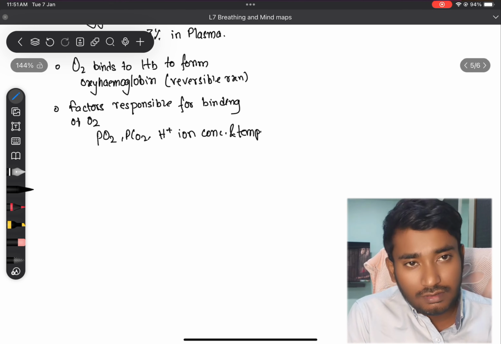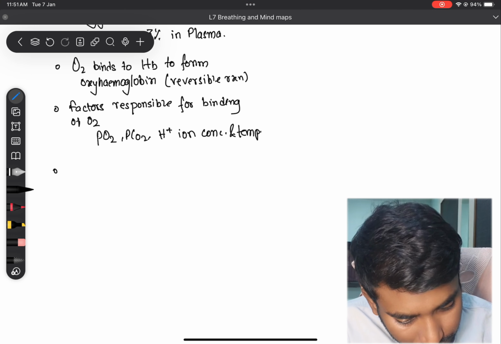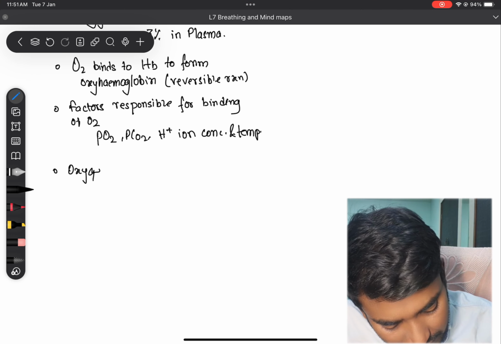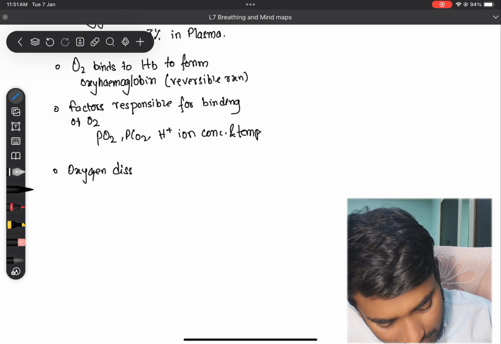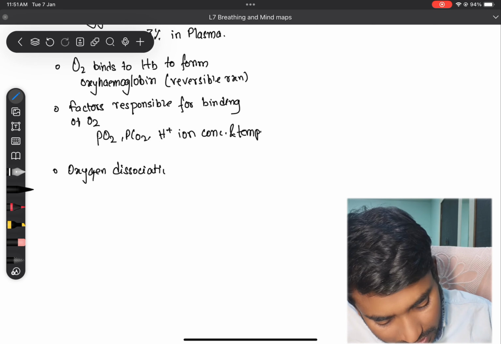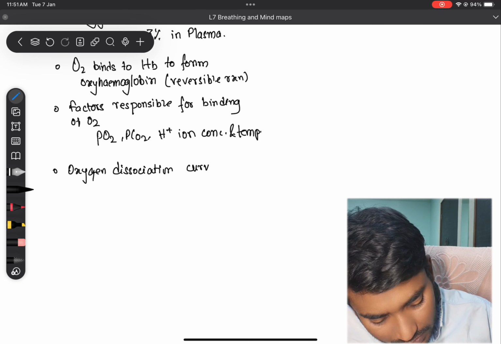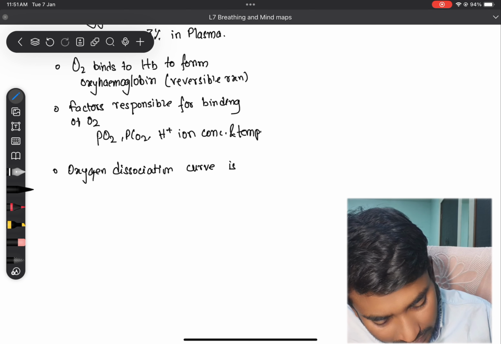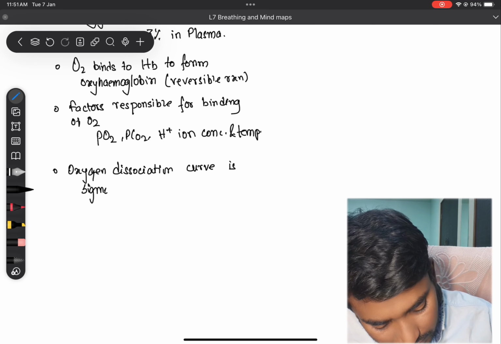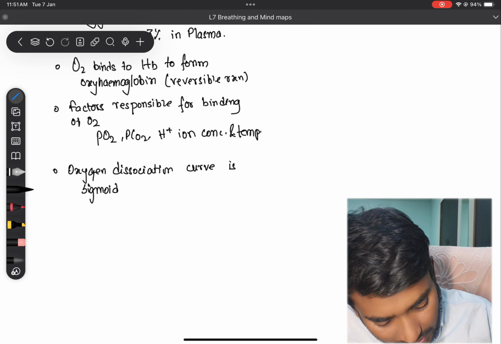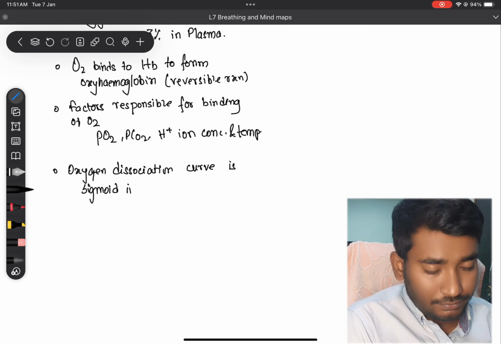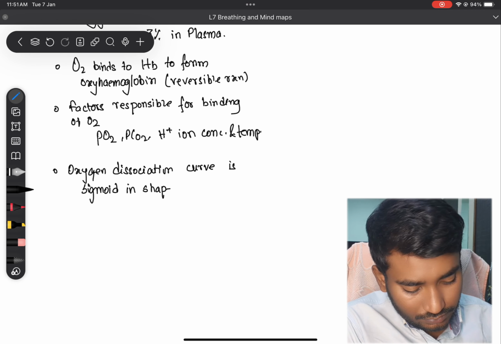These are responsible for the oxygen dissociation curve. The oxygen dissociation curve is sigmoid in shape.